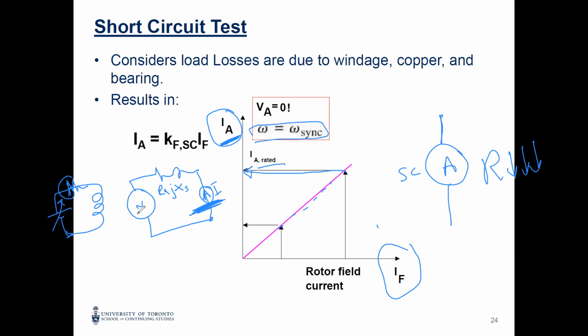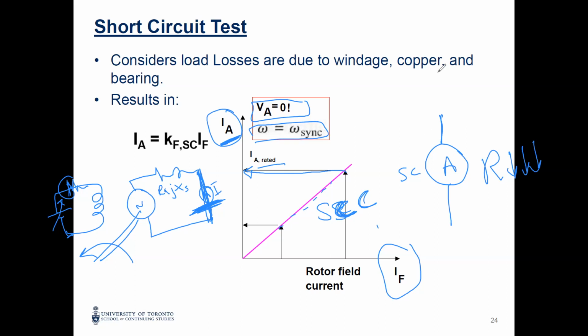Again, the speed is always synchronous speed. Voltage is 0. It's a short circuit here. Okay. This one, we call the short circuit characteristic, SCC.